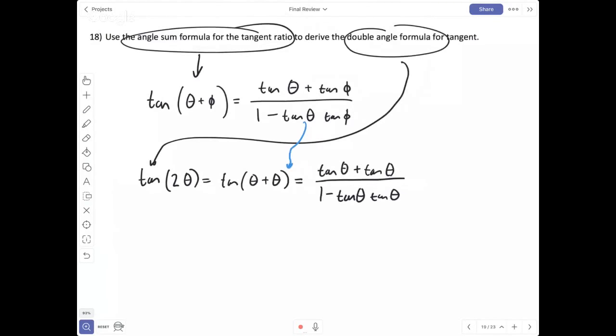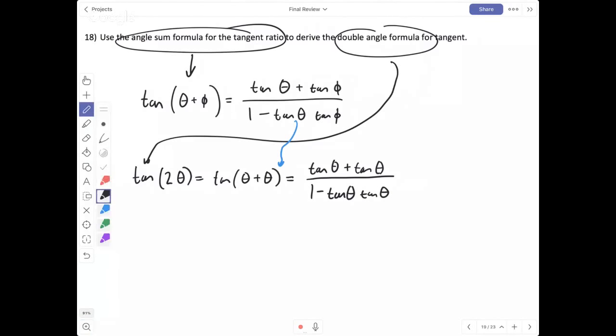And when I do that, I will find that to simplify, tangent theta plus tangent theta makes 2 tangent theta. And on the bottom, 1 minus tangent theta times tangent theta is 1 minus tan squared theta.